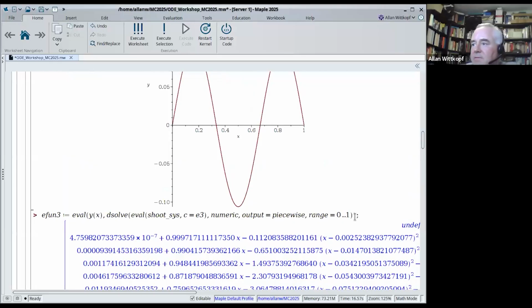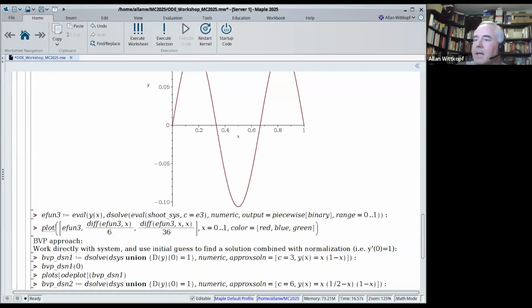So we've got this other form, and I dare not display it, but it's piecewise binary. Now, what piecewise binary is, it's just a version of piecewise where it's now actually broken down into a binary nest.